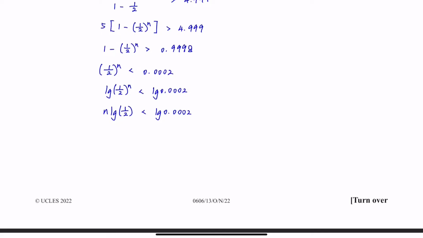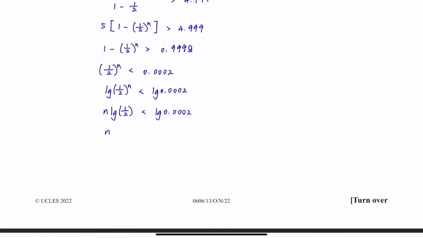And if we key in log half, we find that this is a negative number. So when a negative number is involved, we need to switch this sign. So I'll bring this to the right side, and we will need to switch this sign to a more than.